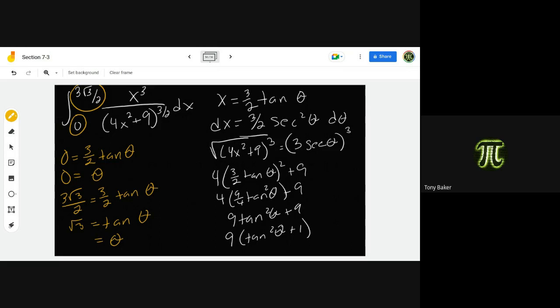If you think about your unit circle, tangent goes from 0 to undefined, and it's at 1 at pi over 4. So it would have to be higher than pi over 4. So it's pi over 3. And they're never going to give you one here that's so crazy that you're not going to be able to just look at the unit circle and get it. So I've got that one and that one now.